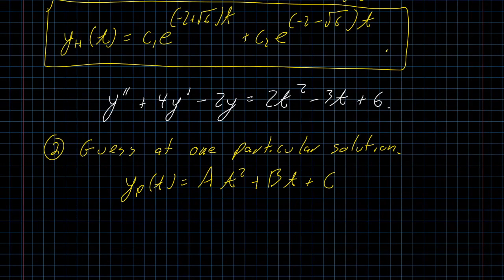This is probably the easiest one to understand. If the right-hand side is a polynomial, you are going to guess that the solution is a polynomial of the same degree.